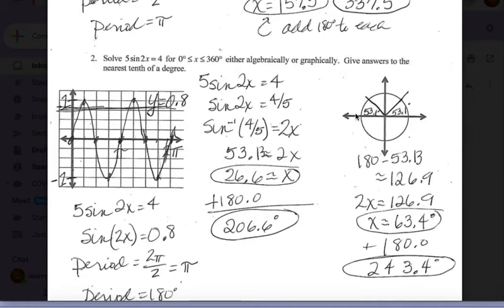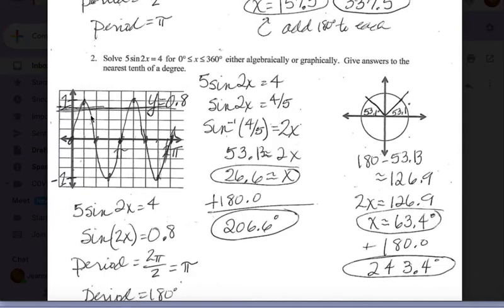So this reference angle of 53.1 degrees will give me another angle measure to set equal to 2x. Okay, so that'll be 180 degrees minus 53.13 is 126.9, but that's also equal to twice the angle measure I want because I have to double the angle measure and then take its sine. So 2x is 126.9, so divide by 2, you get 63.4 degrees.